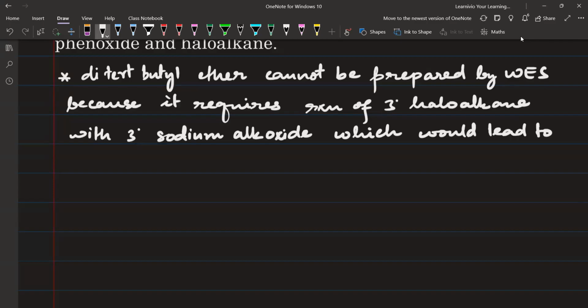Which would lead to formation of alkene.